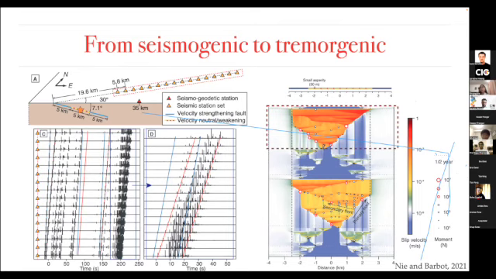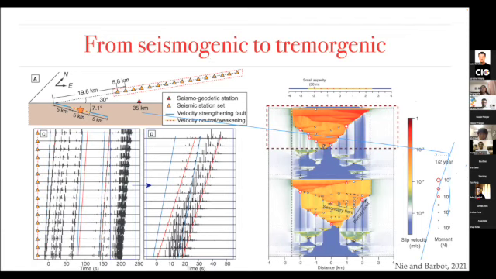We also want to know how similar these tiny little seismic events are to tremors. We choose a set of events as the frame shown here, and we set up a seismic station set, which contains 16 stations with the same azimuthal angle.